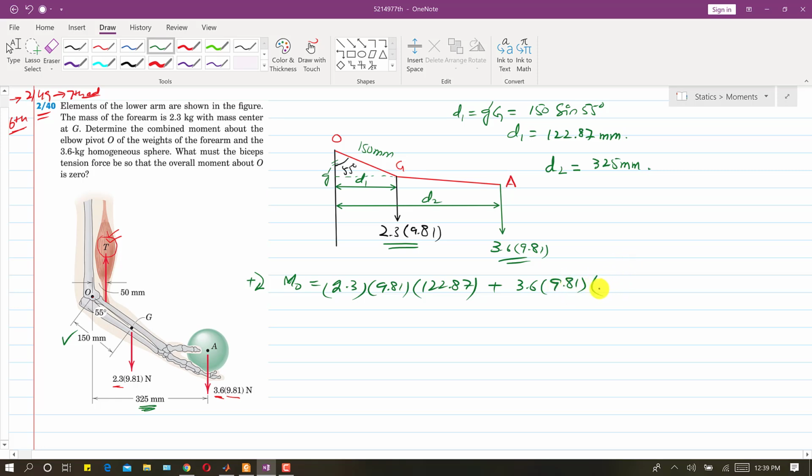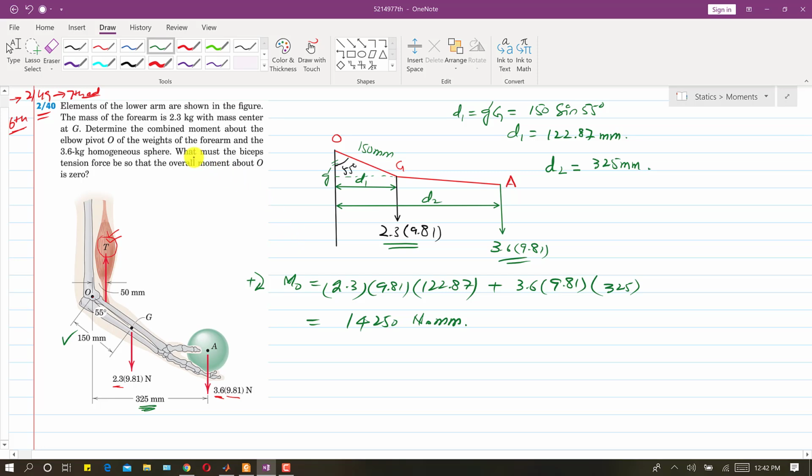What is D2? D2 is 325. If we solve this, this is the total moment produced by these two weights about point O, which is 1450 Newton mm, right?